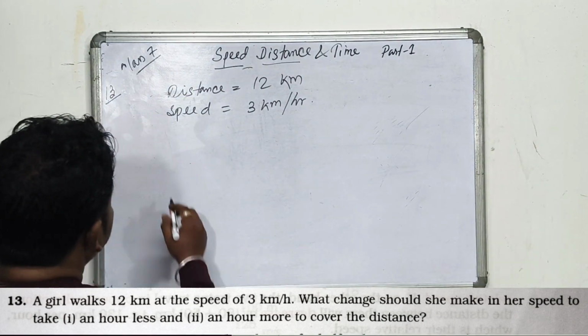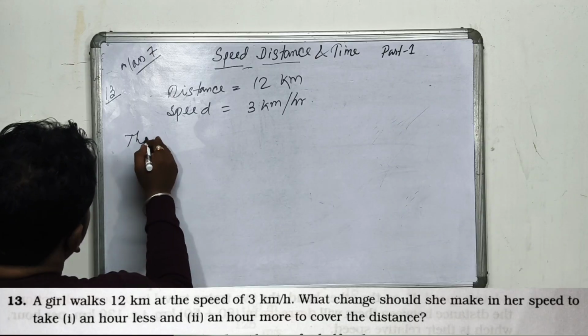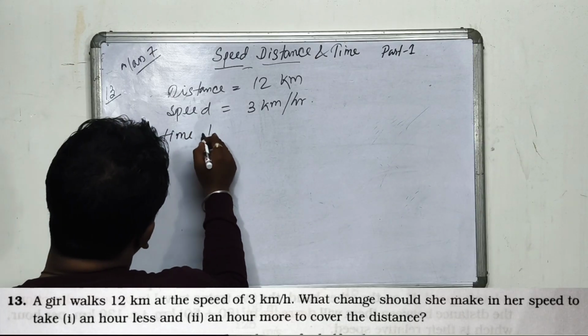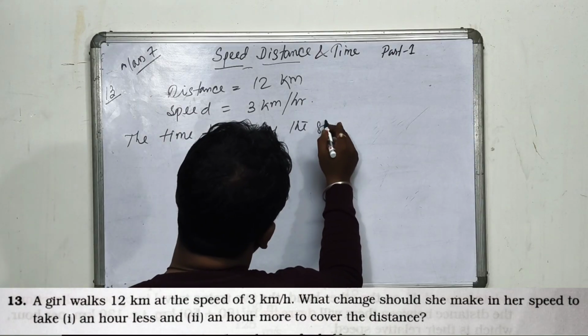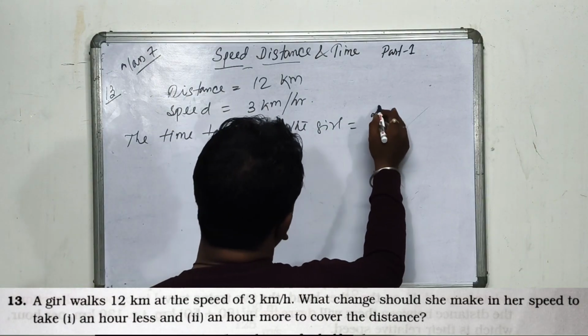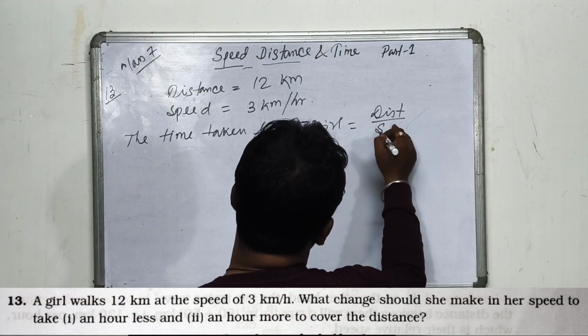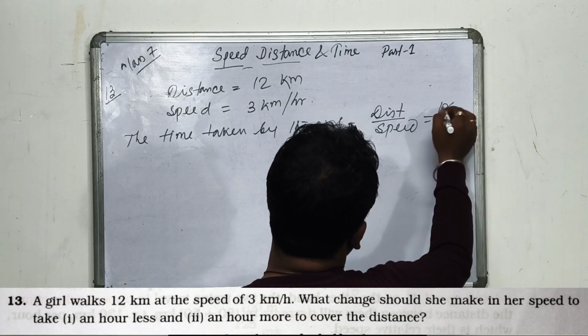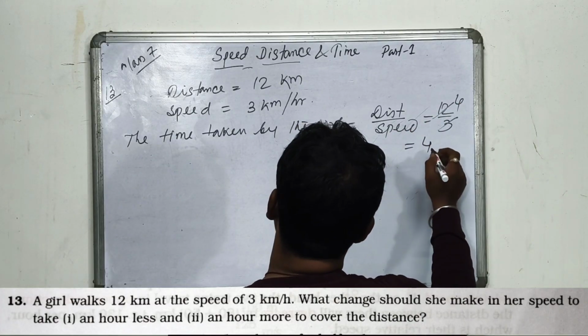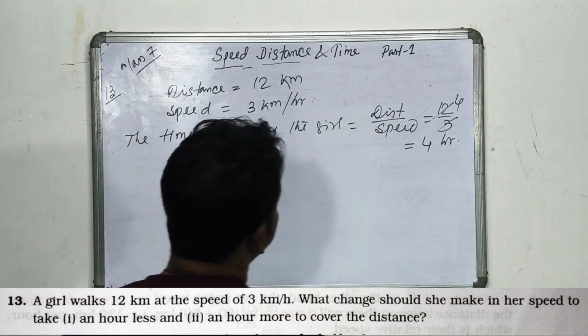What will be the time taken by the girl? The time taken equals distance by speed, that is 12 by 3, that is 4 hours.